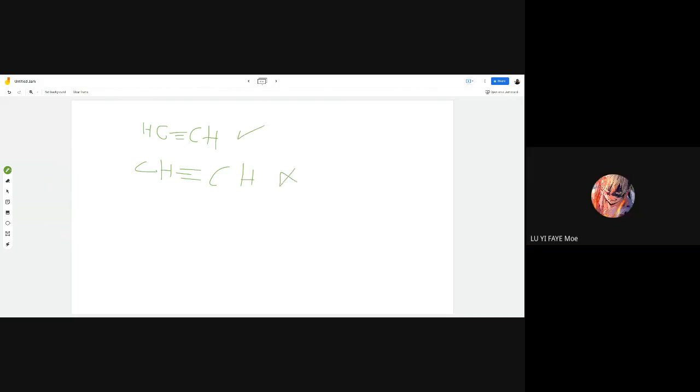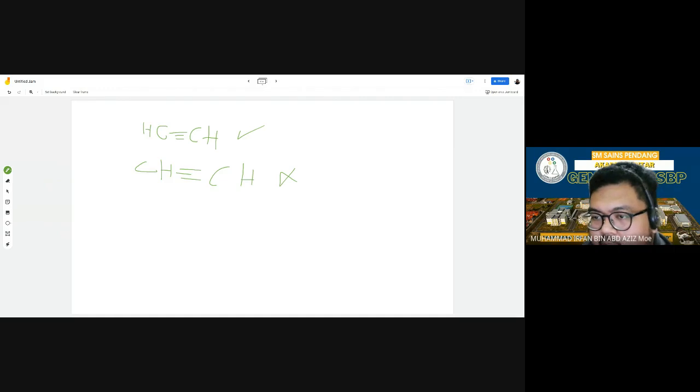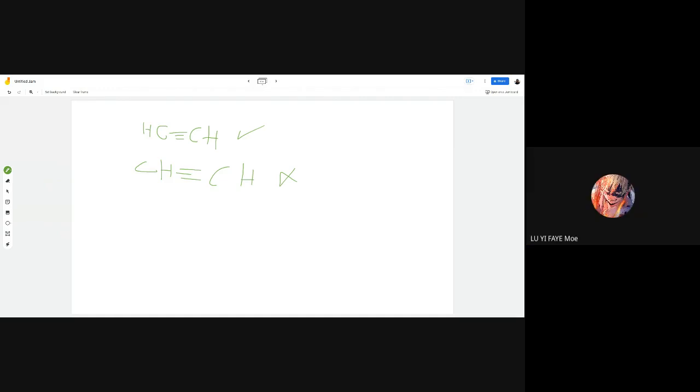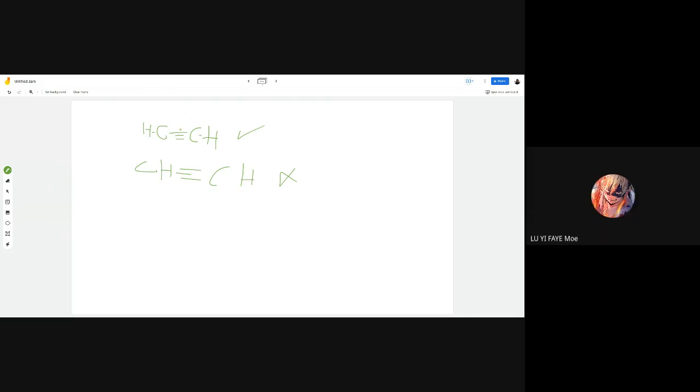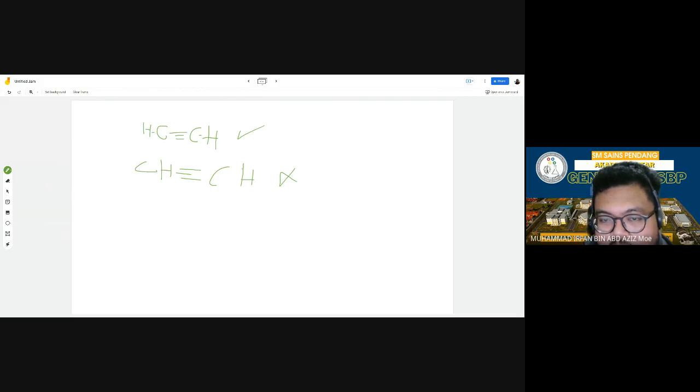Teacher, I don't think the top one is the one you wrote just now. Yes, same, CH. CH3. No. I think you wrote H dash C triple dash C dash H. Nah, it doesn't matter whether there is a dash between these. Okay. Later we will learn the types of how to write this. Okay, why is the bottom one wrong?